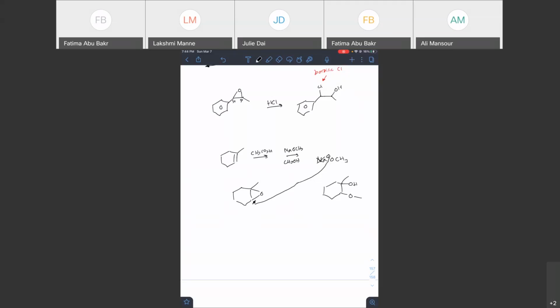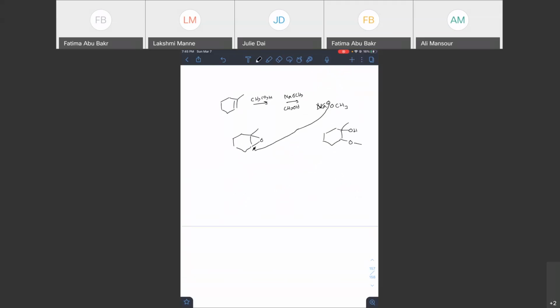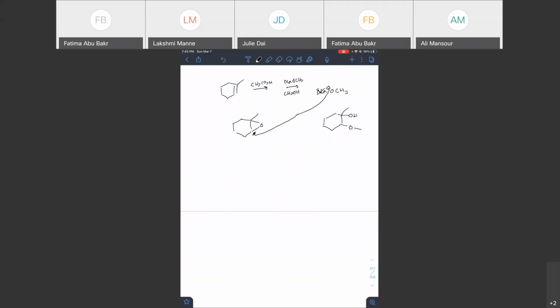By the way, I'm under the impression that almost every time you pop an epoxy, they're going to be anti to each other. Because JD, you asked about the stereochemistry of all of the reactions we did before. And it's just my understanding that anytime an epoxy pops open, it's going to be anti. I've never seen it syn after an epoxy pops open. Do you agree with me on that? I've also never seen it be syn after an epoxy pops open, but I just wanted to clarify that that's like a rule. Yes, it is, because it's kind of the way that epoxy works.